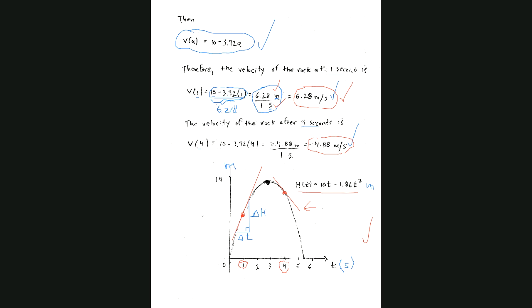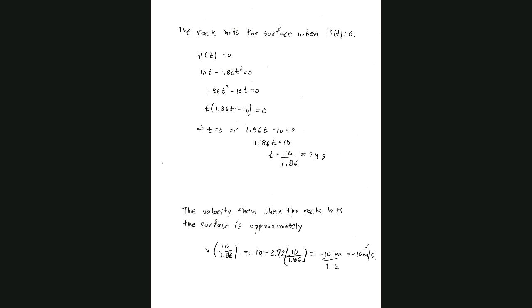So very good, Nicholas. We're going to take h of t and set it equal to 0, because I've got to find the time when this rock hits the surface. Okay, so up to here should be good.